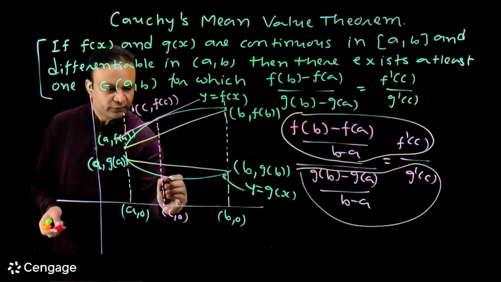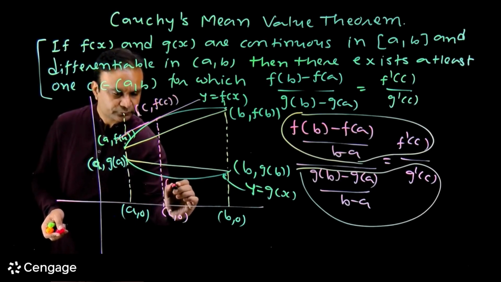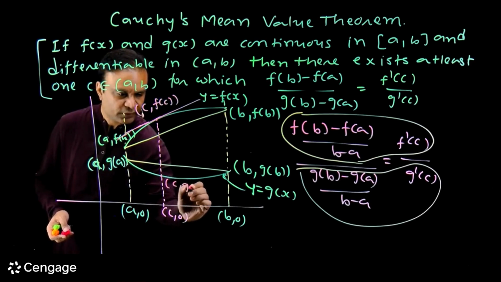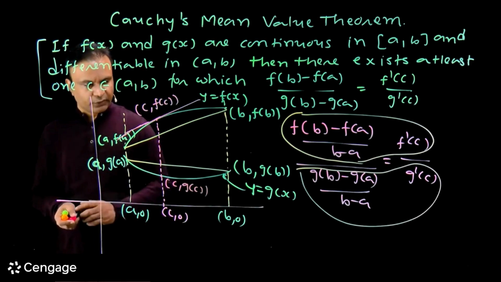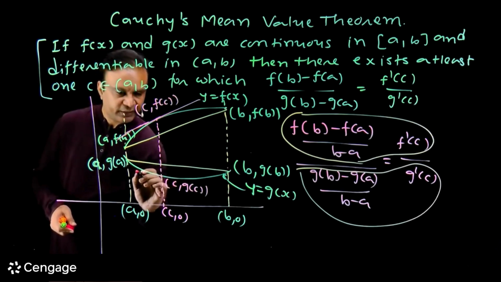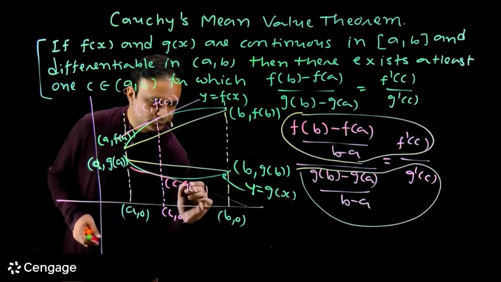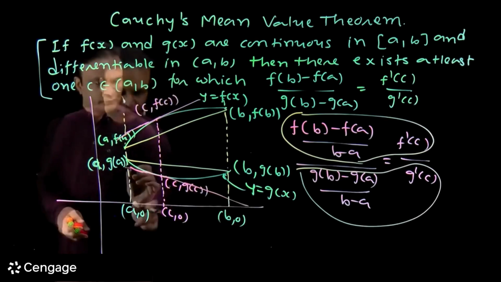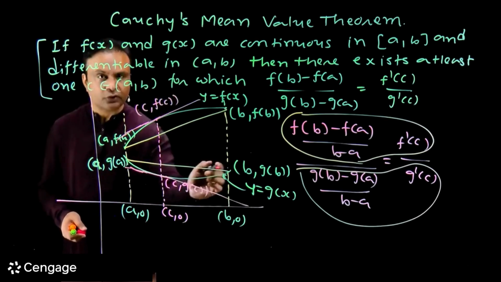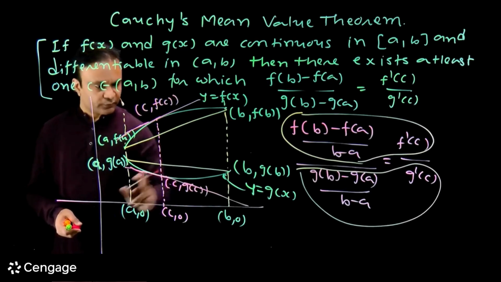Now for this point, the coordinates are (c, g(c)). Now if I draw the tangent line at this point, then this may not be parallel to this chord, which is visible from the graph.